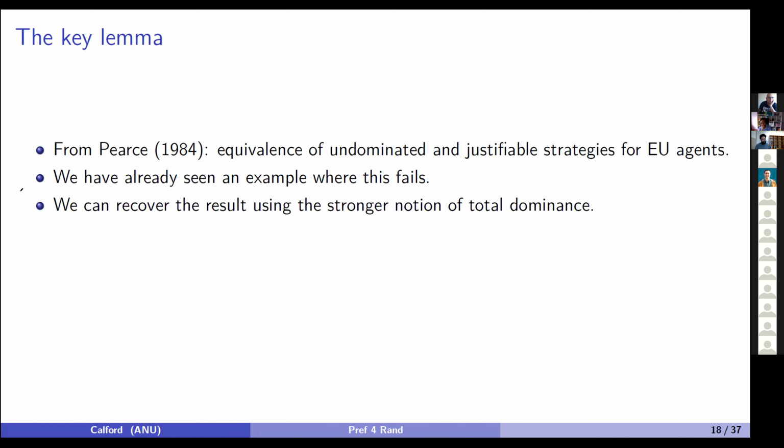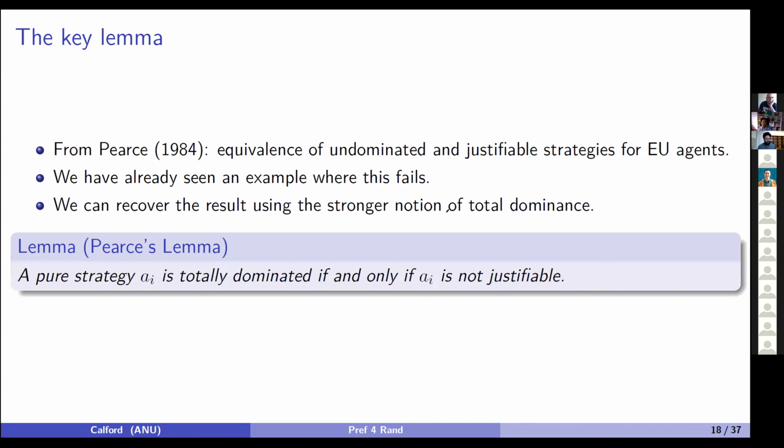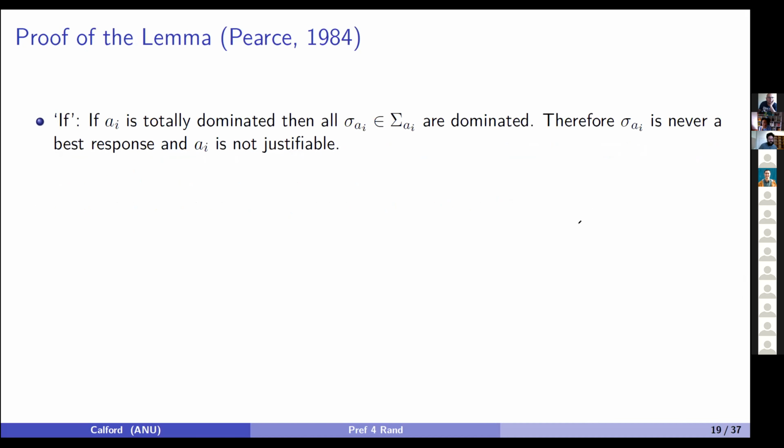Okay. But we can recover the result using the stronger notion of total dominance. Okay. So my version of Pearce's lemma is that a pure strategy a_i is totally dominated if and only if it is not justifiable. So this is the equivalent result for the Cyto preference structure. And the proof for this is very beautiful, so I'll take you through it. Many of you have probably seen it before, but it's a nice proof, so we'll go through it.